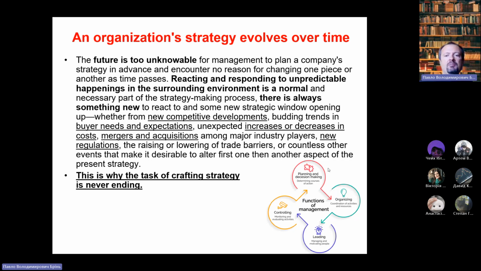The first can be a mistake in the strategic management. So maybe the objectives were formulated with a mistake, and some objective was initially unachievable.